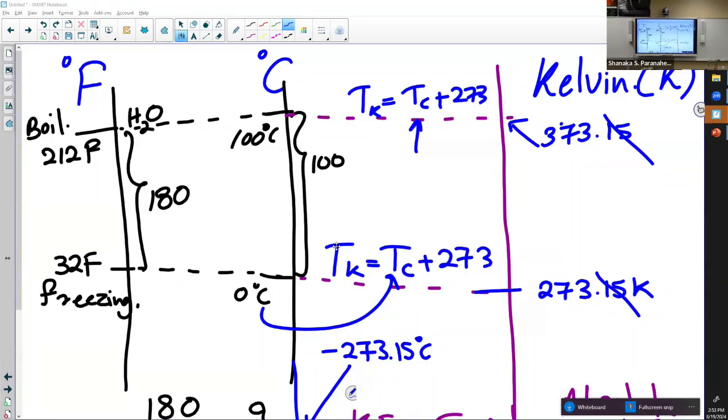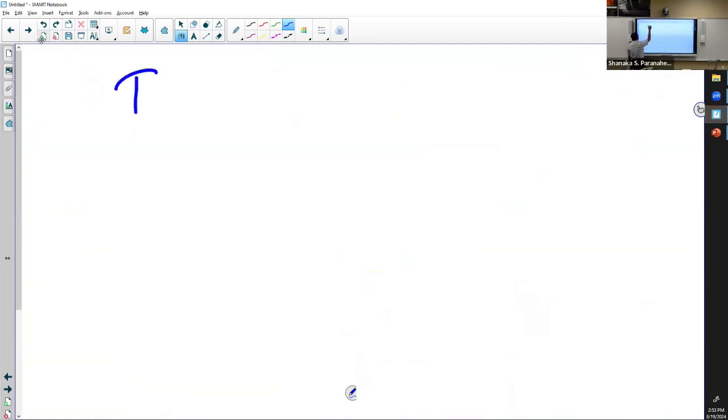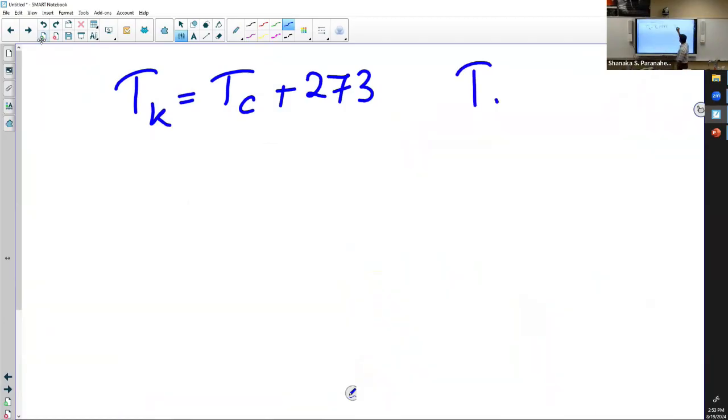When you're going back from Kelvin to Celsius, you subtract 273. So that's the next two equations. This one converts Celsius to Kelvin, and you can subtract 273 from both sides of this equation to get the other one: Celsius is equal to Kelvin minus 273. You're going to use these two equations in several places. That's how we convert any Celsius value into Kelvin or Kelvin back to Celsius.